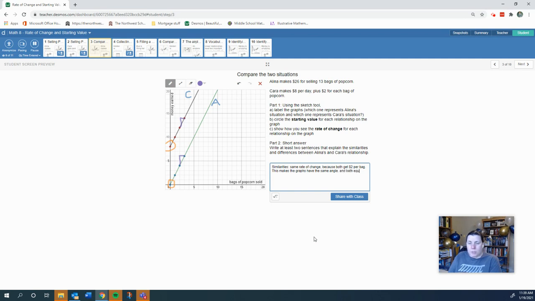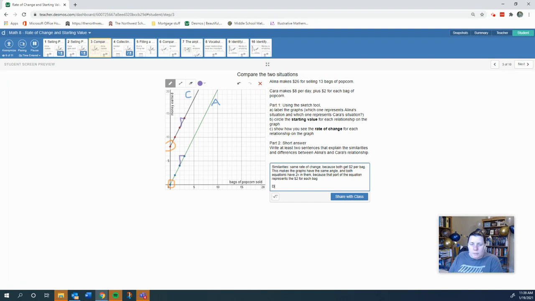And both equations have 2x in them because that part of the equation represents $2 for each bag. I'm going to change that word. Represents. Okay.